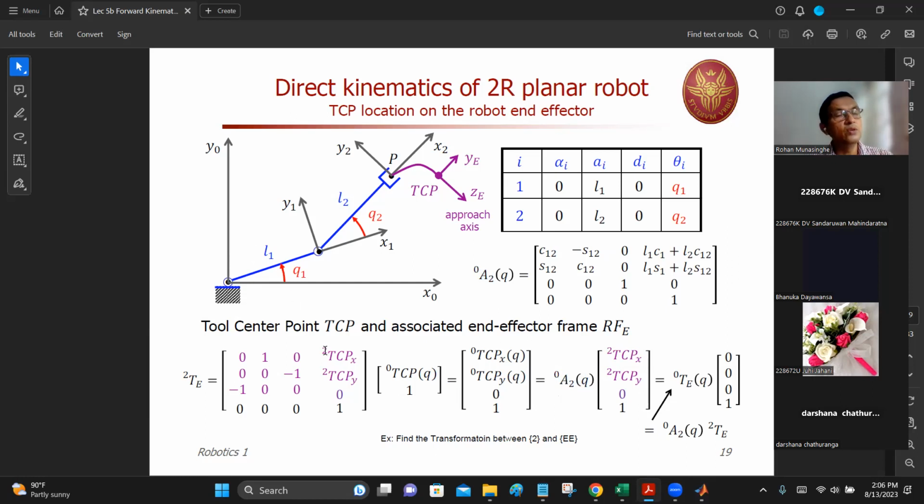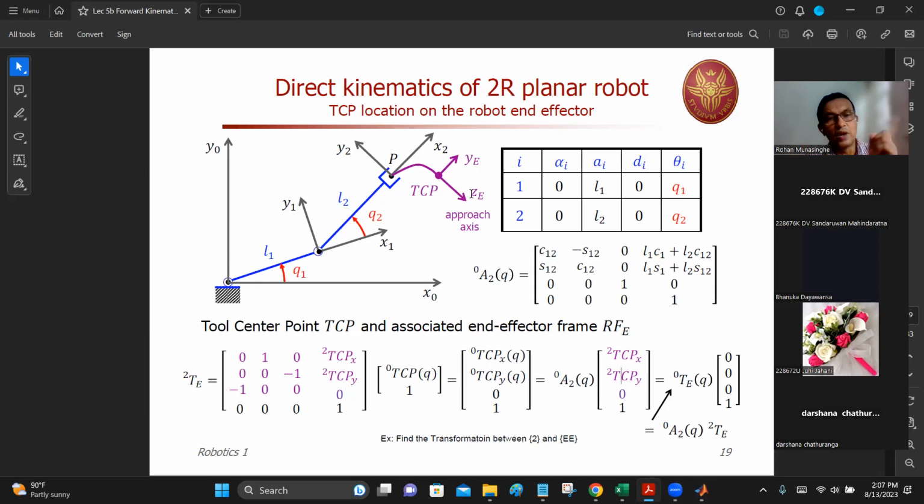Now, one thing I want to tell you here is that if you look at the end of the second link and the tool center point, because the axes are disoriented, your motion along ZE is actually seen by the second frame as a motion along the negative y direction. Because negative y2 and ZE are actually in the same direction.